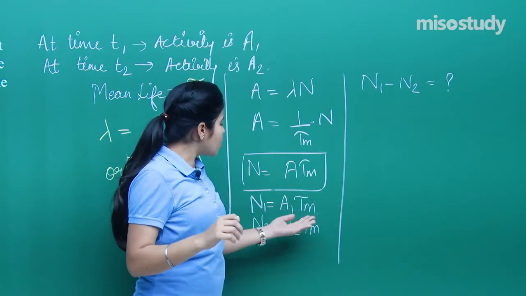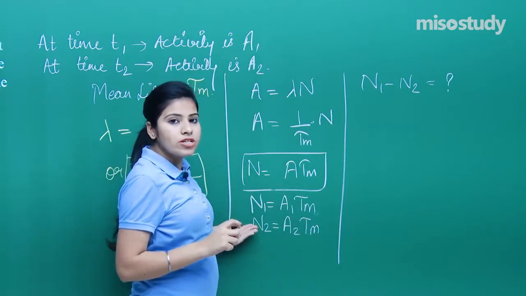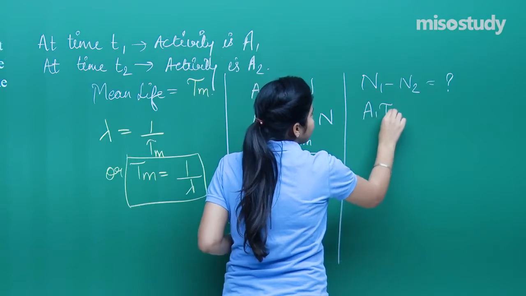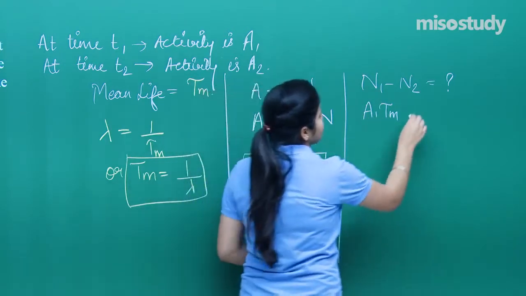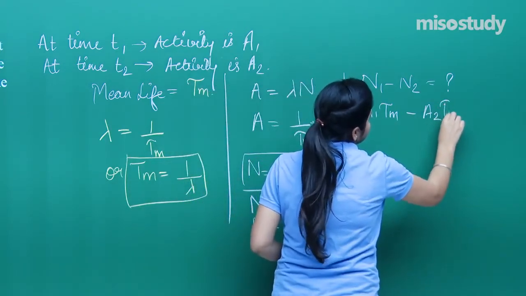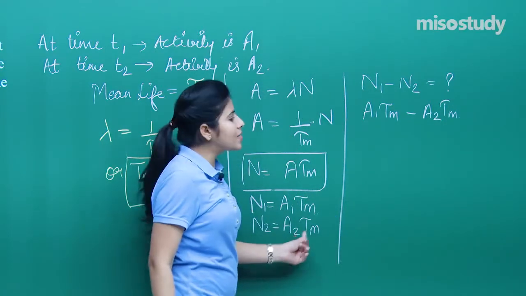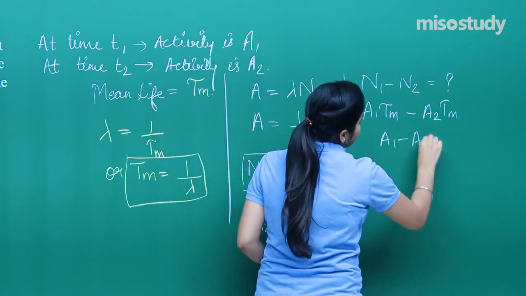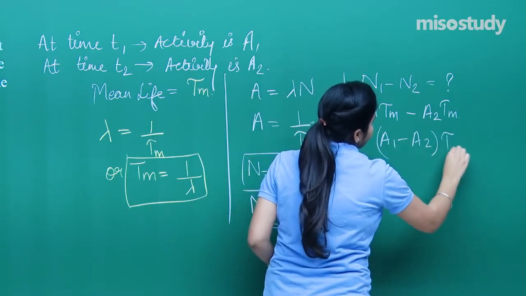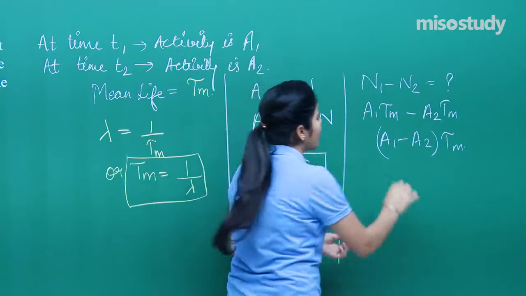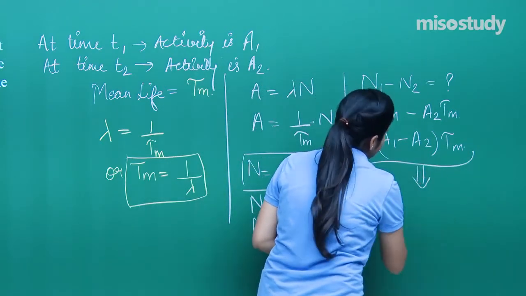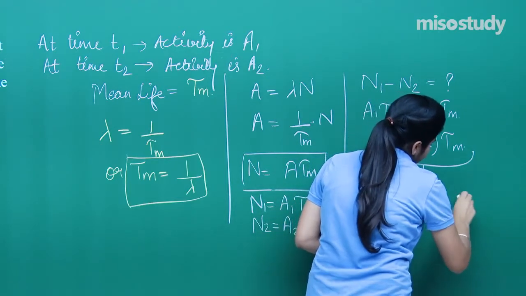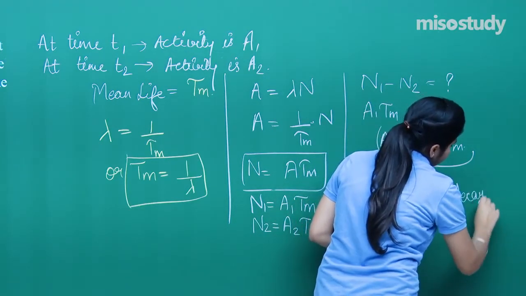We know the value of N1, so we put A1 Tm minus A2 into Tm. If you take the mean life Tm as common, you will have A1 minus A2 into Tm, and this is nothing but the number of atoms decayed during the time interval.